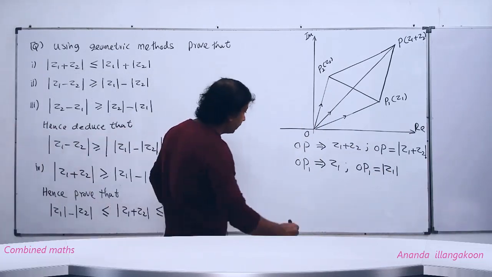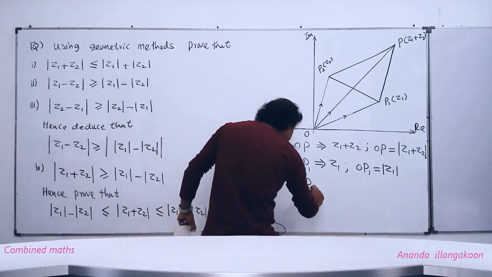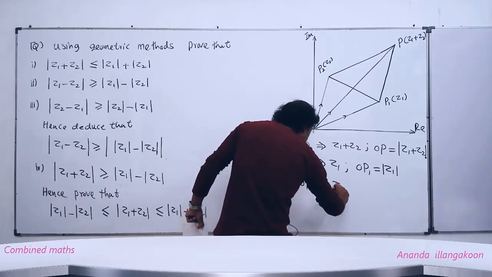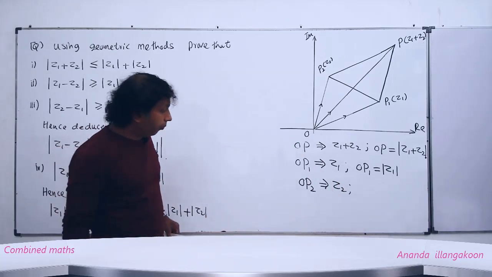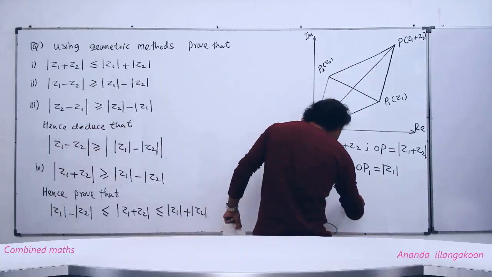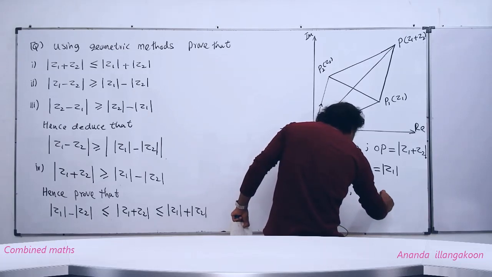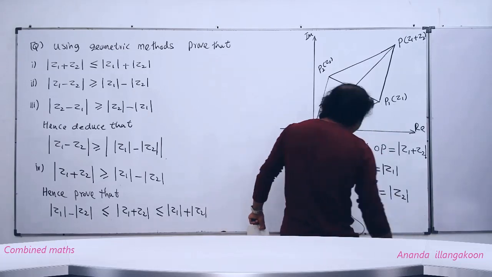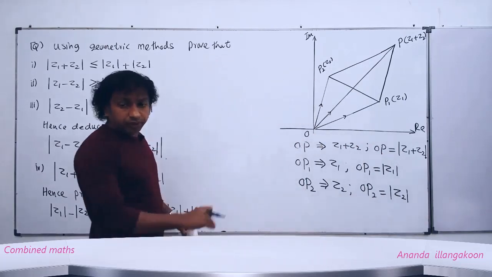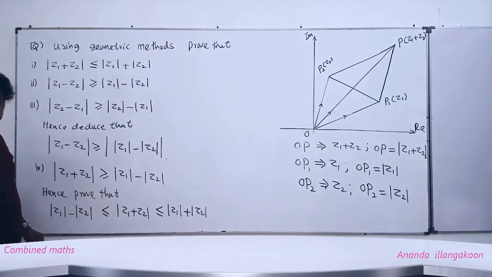OP2 line segment gives us complex number Z2, then OP2 length is equal to mod Z2. This I think you can very easily understand.